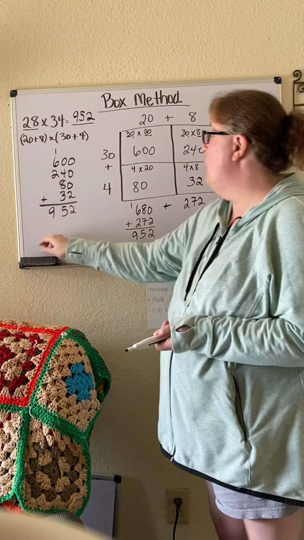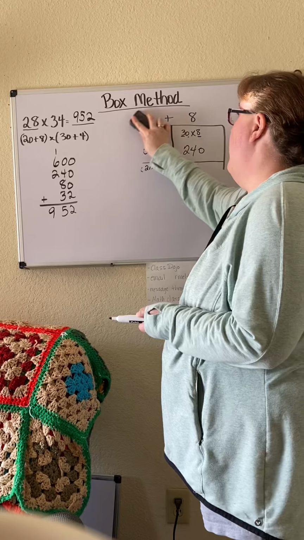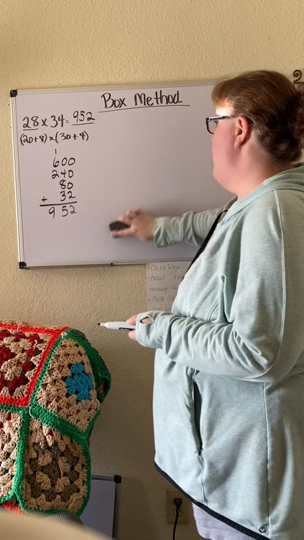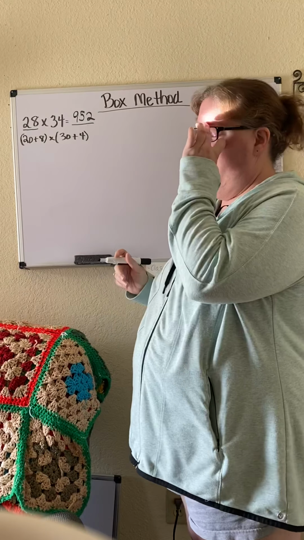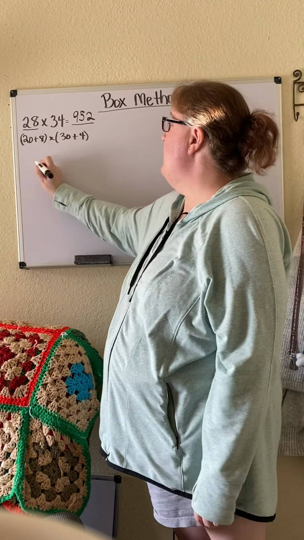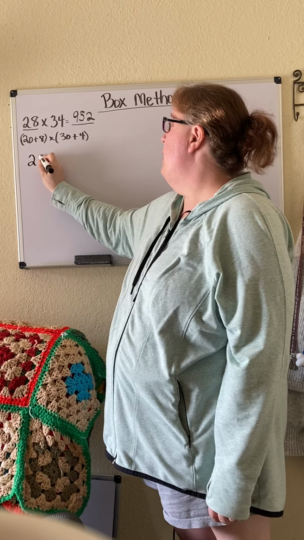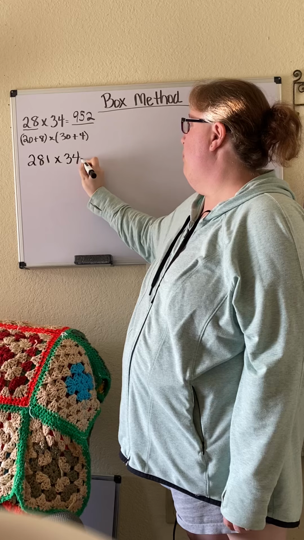All right, now I'm going to show you how to use the box method for a 3-digit times a 2-digit problem. Same strategies, just with a little bit extra steps. So let's say this time it's 281 times 34.